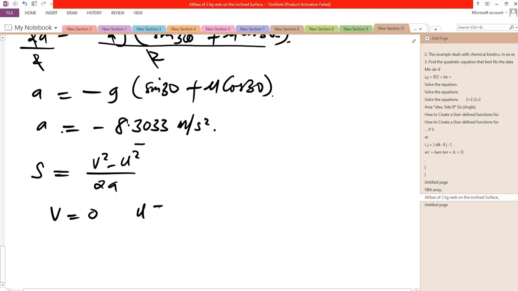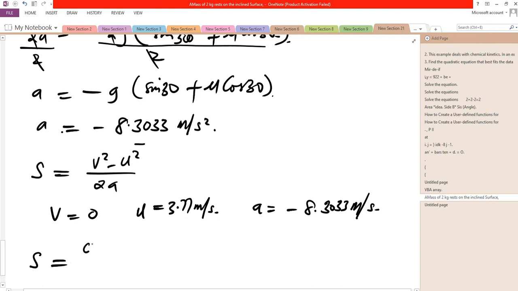So it will now be 3.77 meters per second. Now if you substitute this, you have a equal to minus 8.3033 meters per second square. If you substitute into this equation, we have s equal to 0 minus 3.77 square all over minus 2 times 8.3033. Now what will this give us?